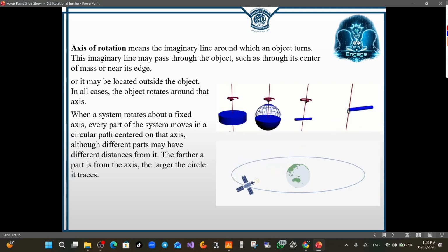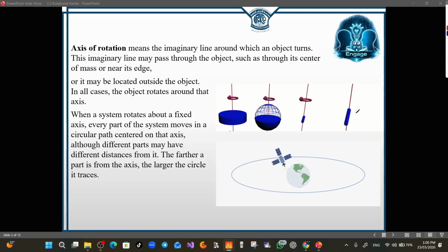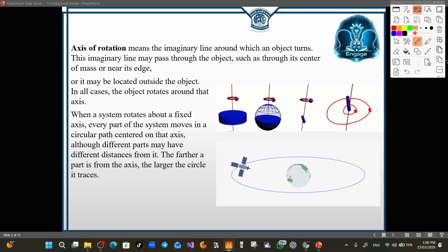So for example here, where the axis of rotation passes through the edge of the object, if we consider a small tiny piece of this rod, such as this one here, it will trace this circular path during its rotation around the fixed axis. However, for another mass belonging to this rod, let's consider this mass here, it will trace a bigger circle during its rotation around this axis.